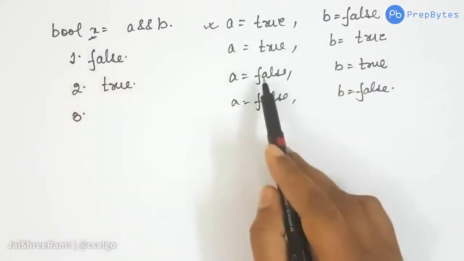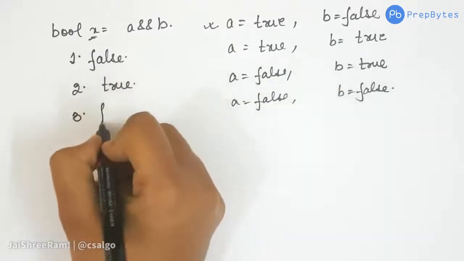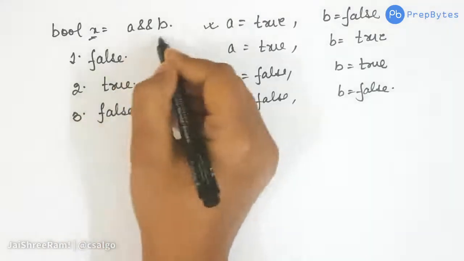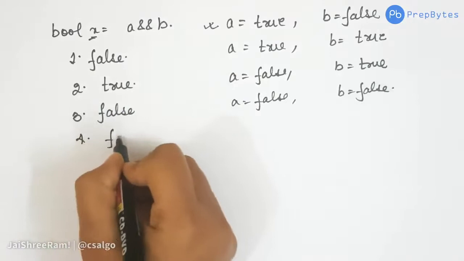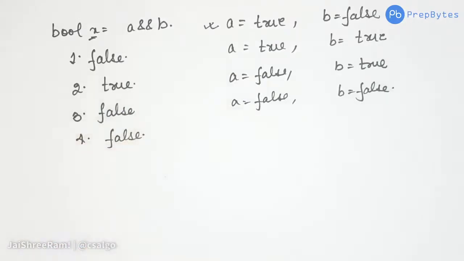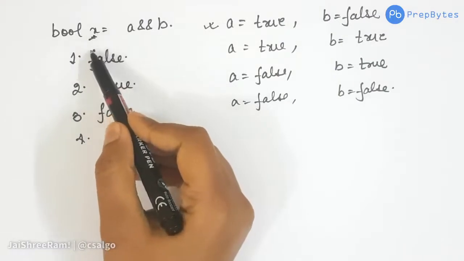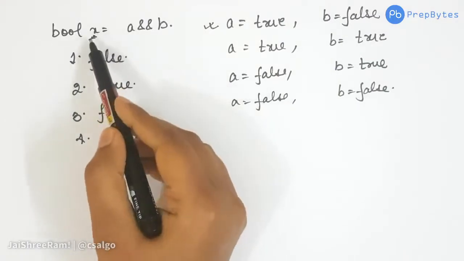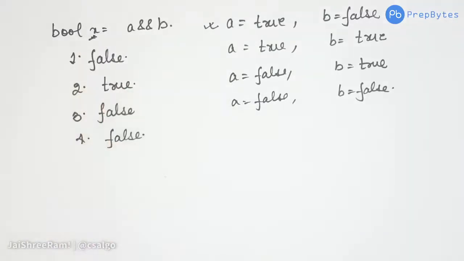Third case, one is false, one is true. In this case we get false for A and B. And for the fourth case, both are false, so we get false for A and B. If we try to print this x, we get the result as 1, since true corresponds to integer 1. So this was about A and B.